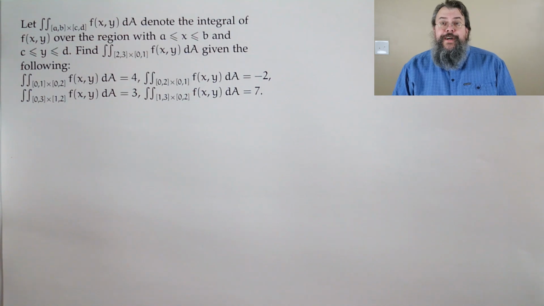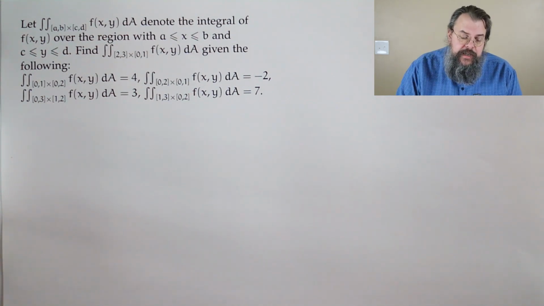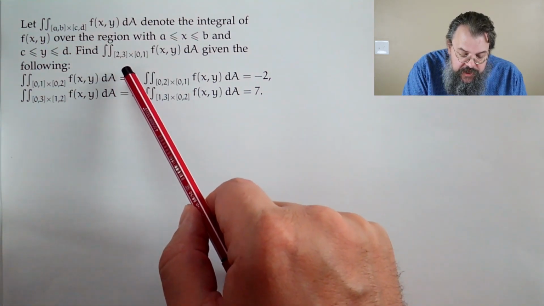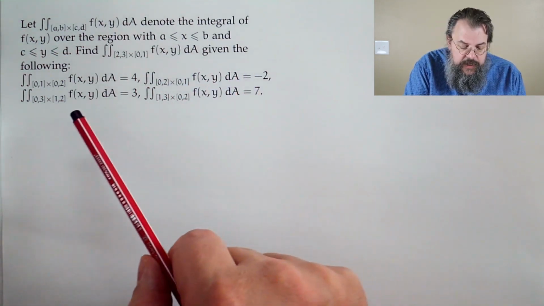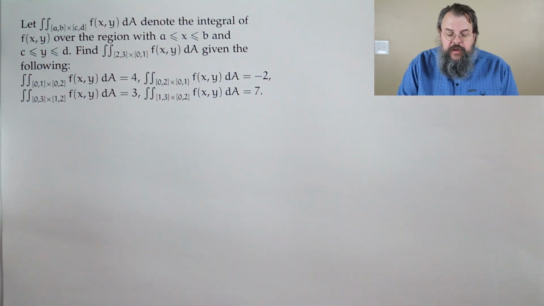What are we after? It says find the integral over a particular rectangle given that we have the following, and there look to be 4 pieces.